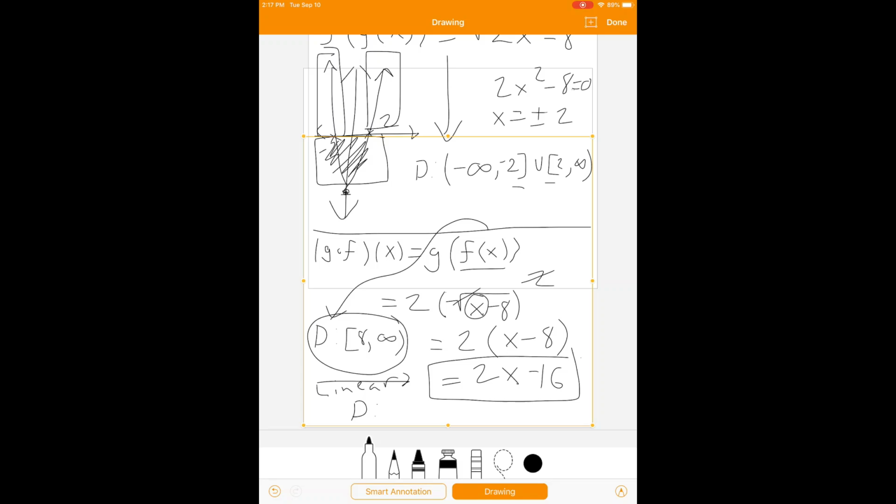Because my domain was restricted to 8 to infinity for the first part, it cannot magically become part of the domain for the second function. So the domain of our composite function remains 8 to infinity because I was not able to put in values where x was less than 8 for function f.